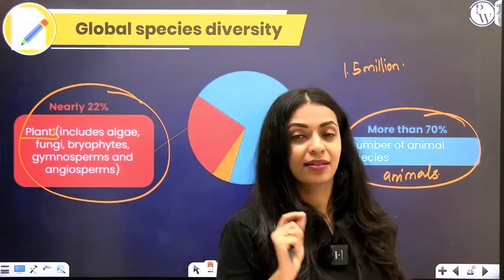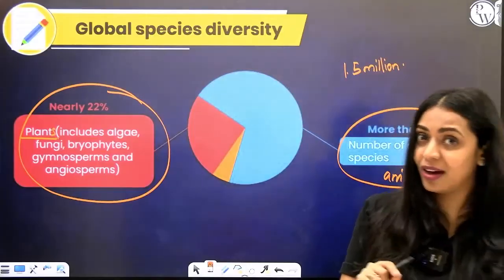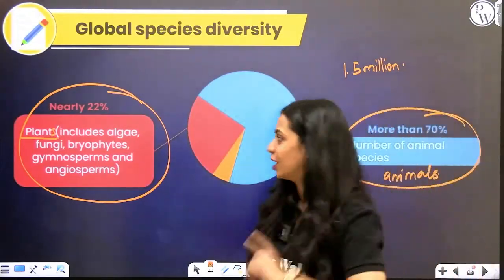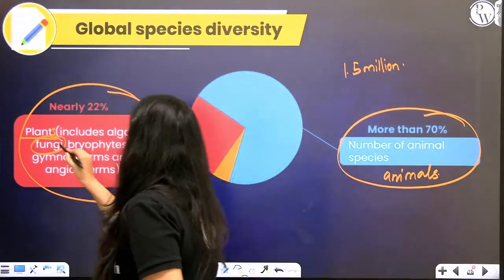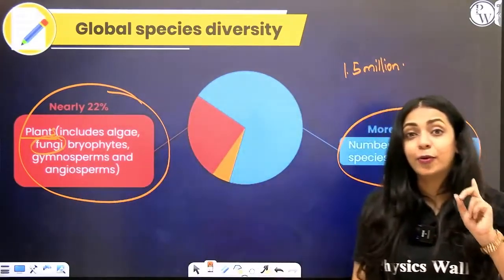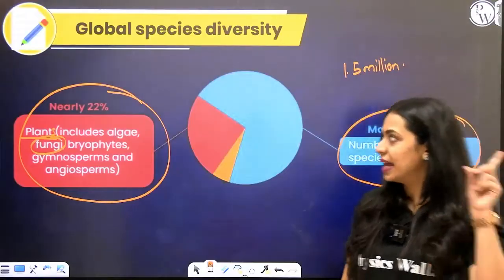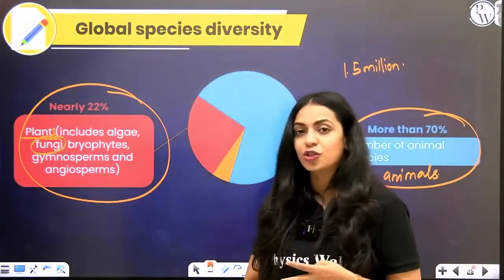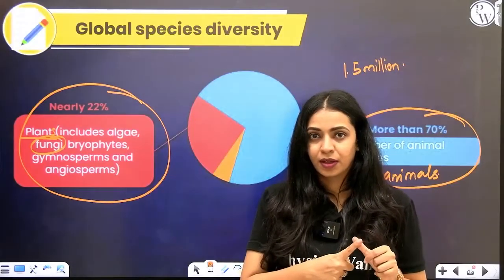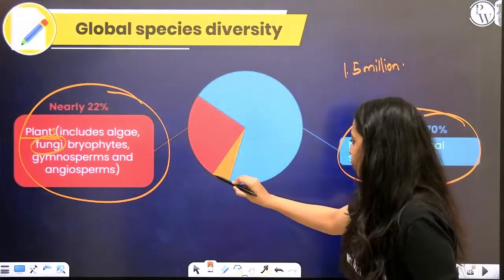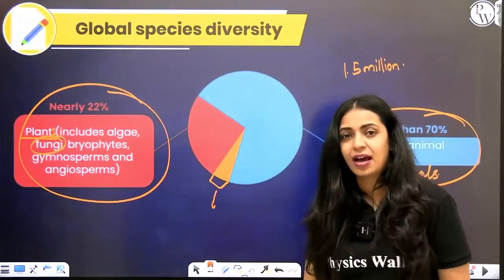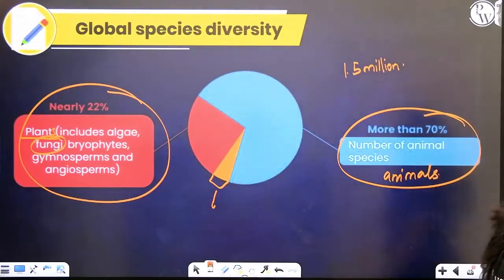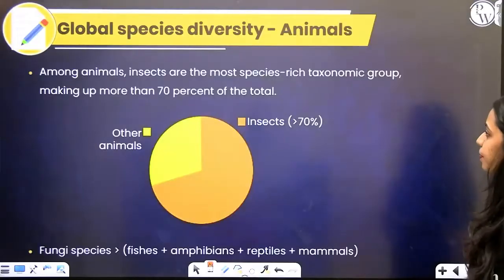Though we say nearly 22% is plants, I want you to notice how every time we are talking about plants, they even include fungi in this chapter. Okay, so nearly 22% is plants, and they say it includes algae, bryophytes, gymnosperms, angiosperms and fungi. And whatever is remaining will be other different groups of organisms. Alright, so this is something that you should remember.